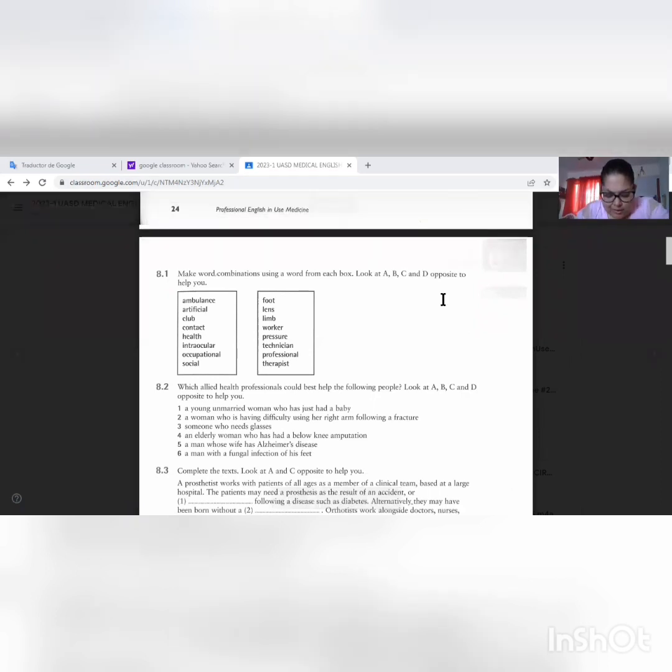8.3. Complete the text. Look at A and see opposite to help you. A prosthetist works with patients of all ages as a member of a clinical team based at a large hospital. The patients might need a prosthesis as the result of an accident or an amputation following a disease such as diabetes.